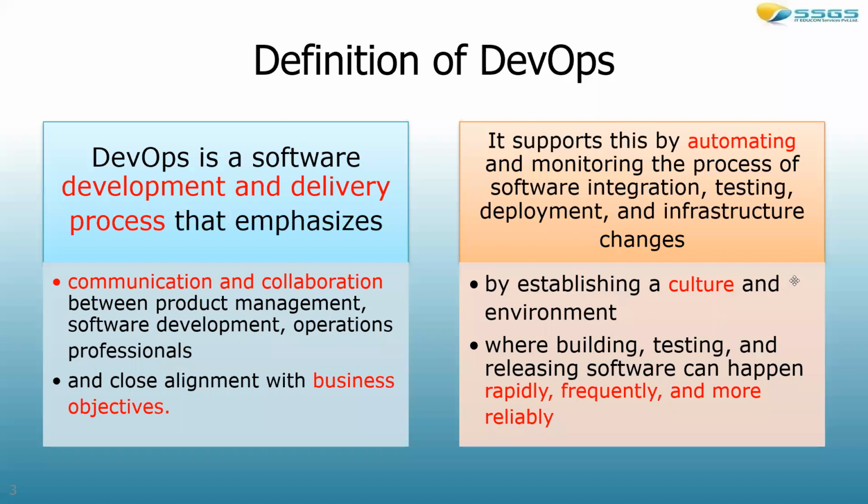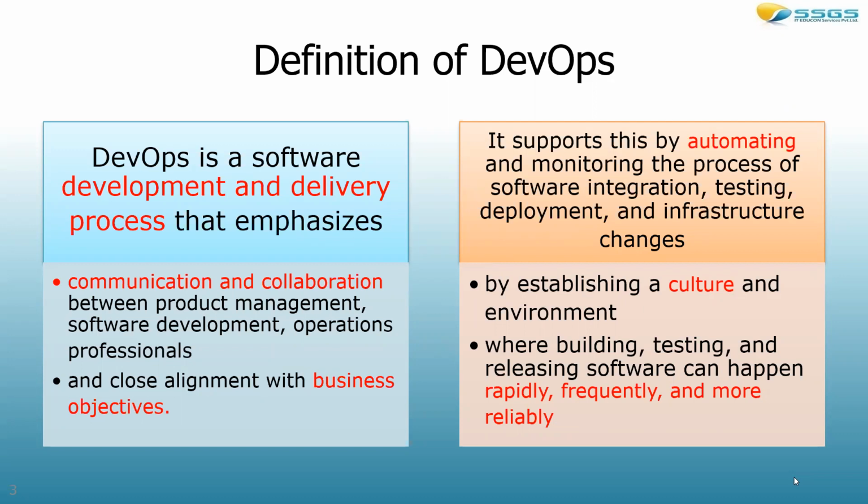DevOps is a lot about automation also, although it is not everything about automation. But it has some other factors like culture, which we are going to see what it means. And finally, the goal is to deliver rapidly, frequently, and reliably, not without quality, but rapid, frequent delivery with reliability is what is going to make the business successful.